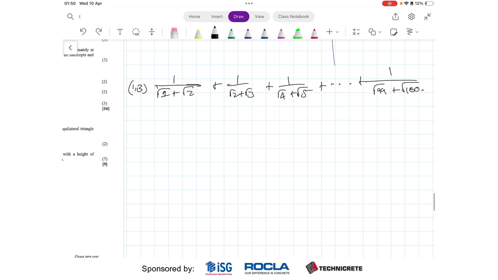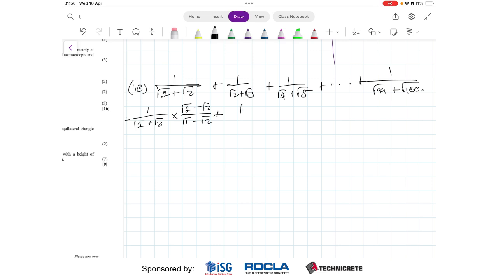We take 1 over square root of 1 plus square root of 2, multiplied by square root of 1 minus the square root of 2 over square root of 1 minus the square root of 2. Since the numerator and the denominator are exactly equal, this is 1 and our expression hasn't changed.